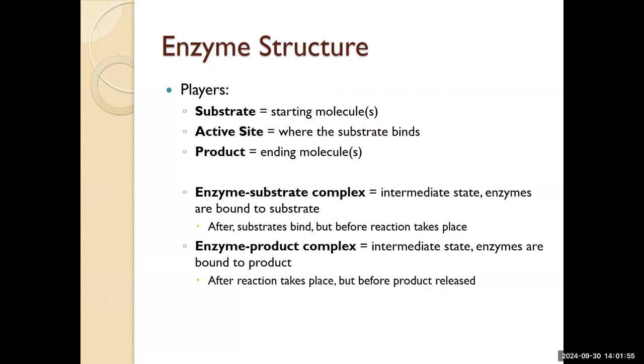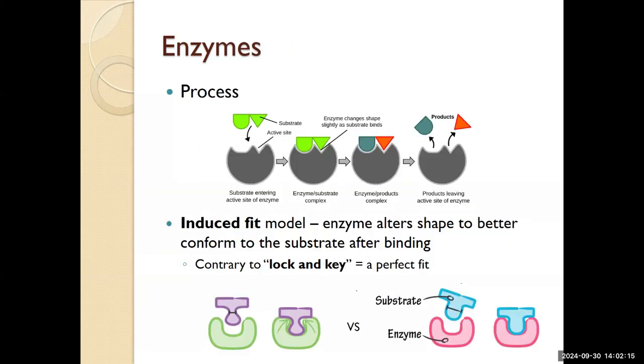And then the reaction occurs, creating an enzyme-product complex where the enzyme is attached to the product prior to release. This is able to occur because enzymes follow an induced fit model. The enzyme has a general shape that binds to the particular substrates or reactants that it is intended for, but then it can wiggle.